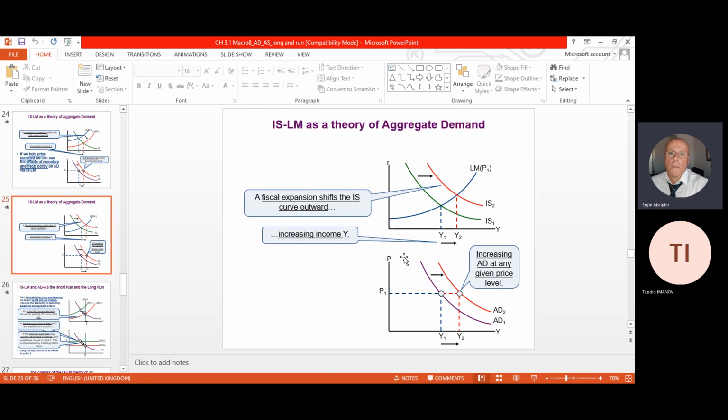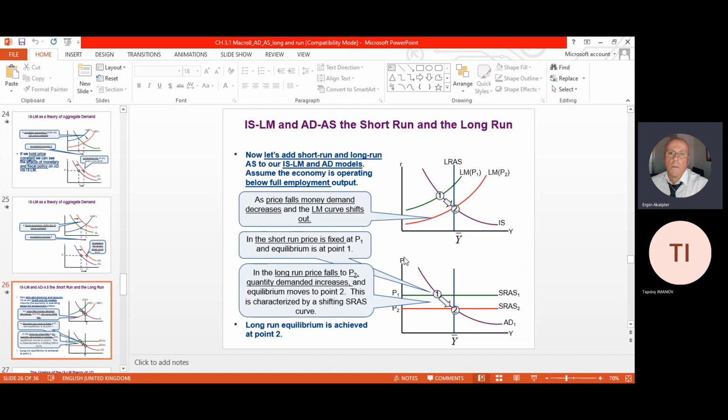Then IS is shifted and enlarged, increasing the output from Y1 to Y2, and the aggregate demand curve, where the constant price is P1, shifts from 1 to 2 to a higher level at any given position where P1 is constant.